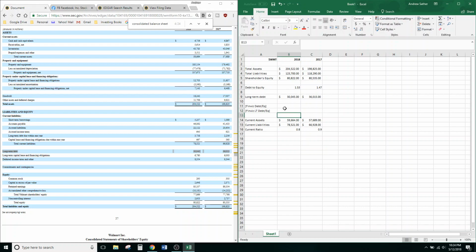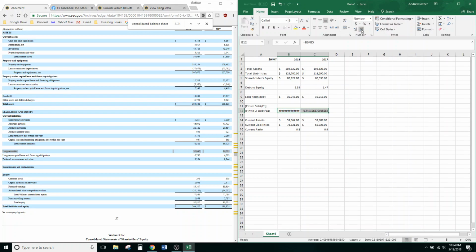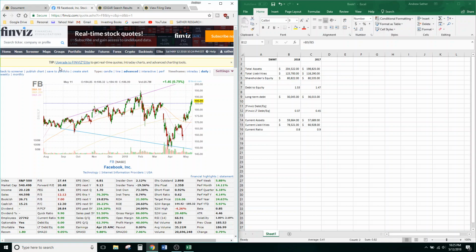So they're probably, I used total liabilities, remember? So FinViz probably wanted just long term. And if we compare to what FinViz said, are we going to be close to what they said?